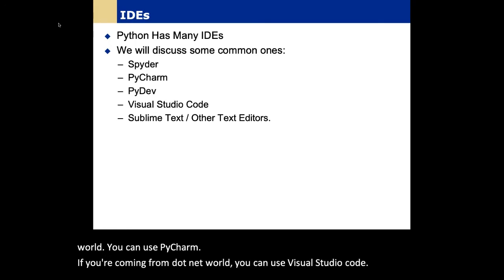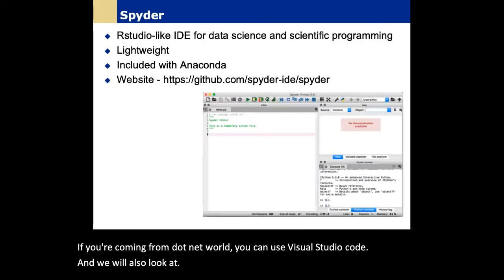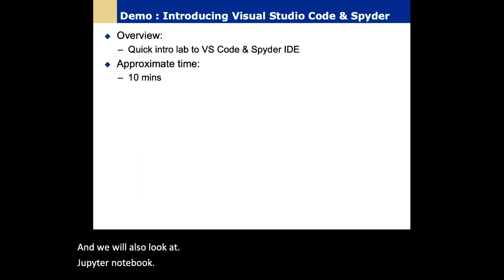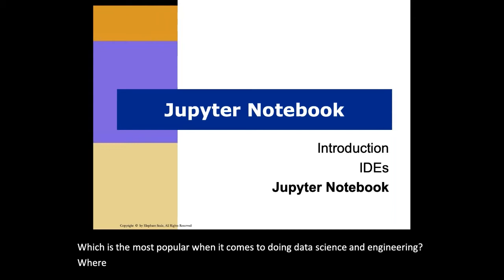And we will also look at Jupyter Notebook, which is the most popular when it comes to doing data science and data engineering, where it allows you to give interactive commands to the engine, which produces the output.